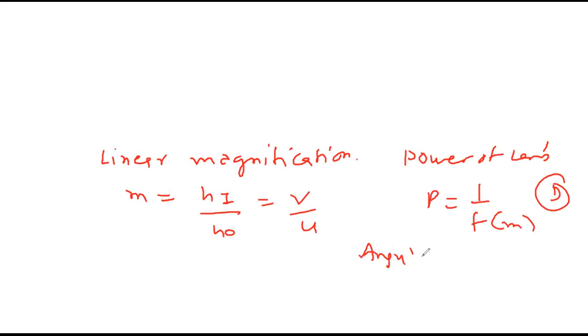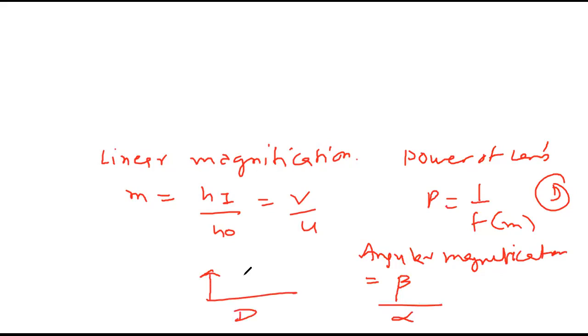Then angular magnification, also called magnifying power, is the ratio of angle subtended by the image at the lens to the object when placed at the distance of distinct vision and seen directly without lens.